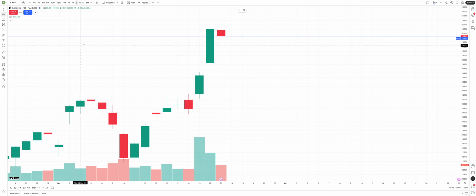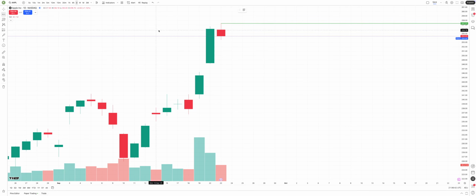Let's click the top of that wick and mark out that level. So what we've done is we've created a ray from the top of this wick all the way to the right of the chart, and it'll actually show you that price that you marked out. So in this case, it's $257.31, right?